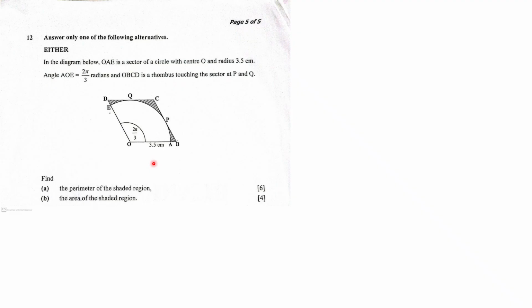Also, under circular measures we have just two formulas, which is why this topic is quite simple and straightforward: the length of an arc and the area of a sector.